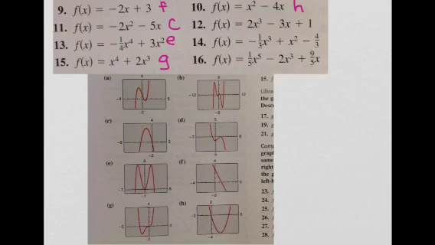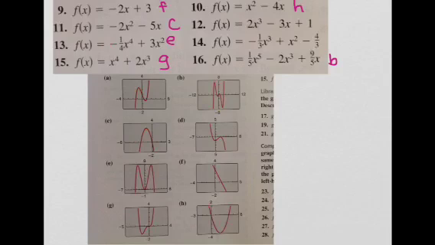And this one has 1, 2, 3, 4 turning points. So B cannot possibly be matched up with 12 or 14, because for 12 and 14 the maximum number of turning points is 2, because 3 minus 1 is 2. So I know that B has to be number 16.